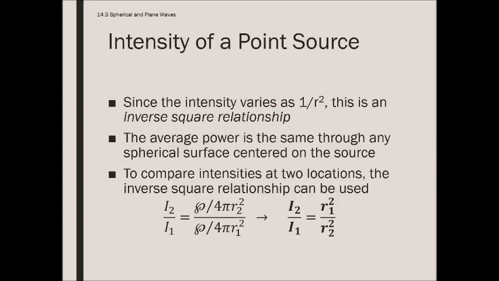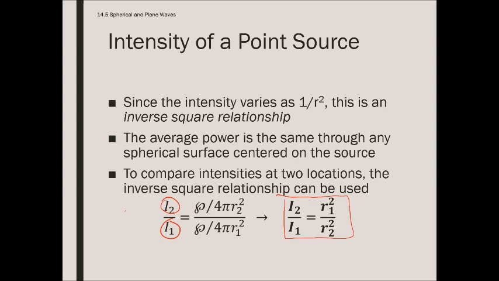So this means that if we use this inverse square law, and we ask how the power varies as we go away from a source, then we write the ratio of the intensities, and since the intensity is equal to power over area, we write the areas here, and we end up with a relationship for how the intensity varies with distance.